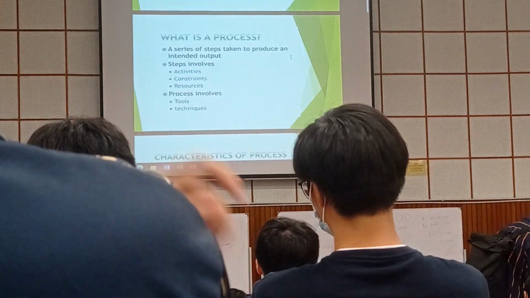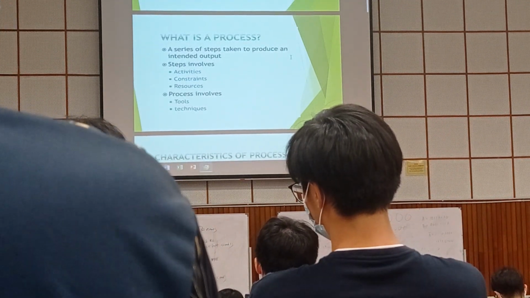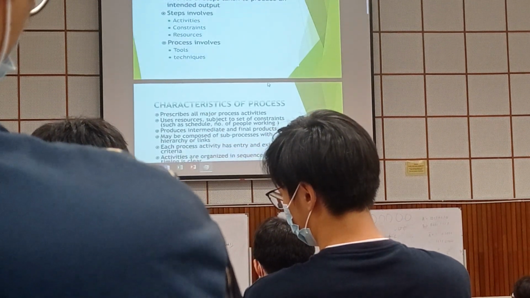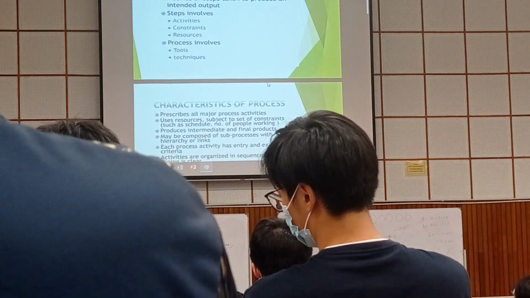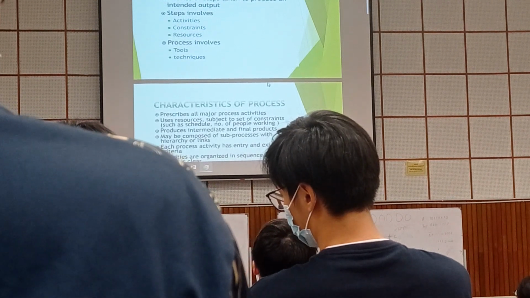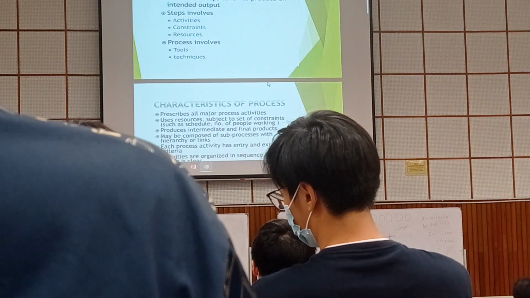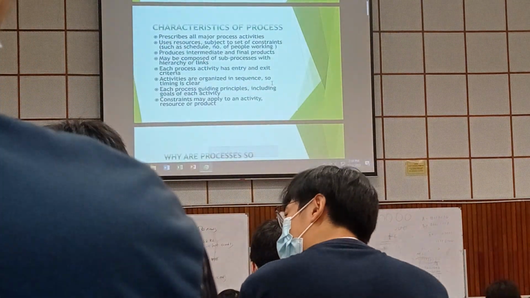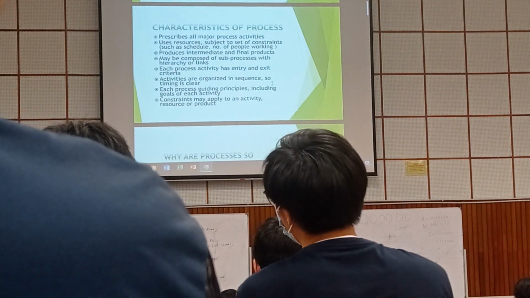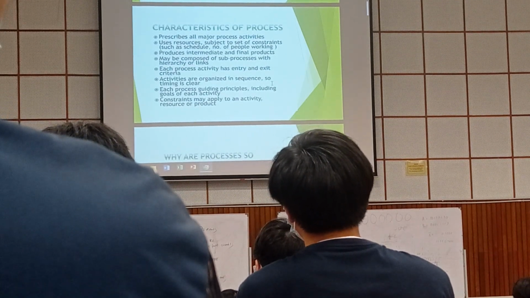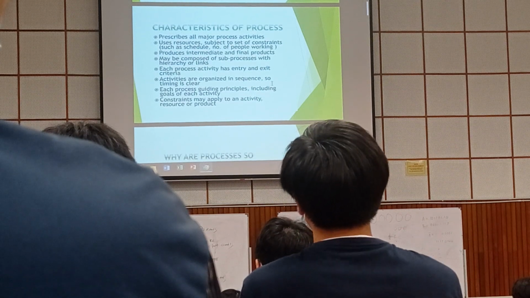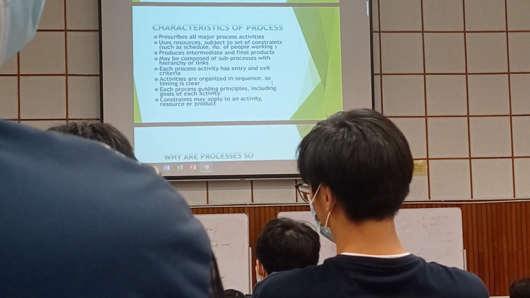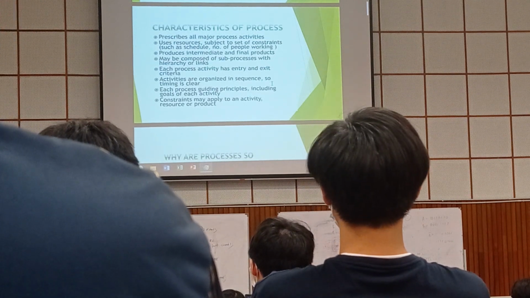When we talk about the process, another thing involved is the tools. What tools and what type of techniques do we want to apply? So that is another criterion. Basically these are the characteristics of a process. It prescribes all the major activities, and it will also involve the resources and the constraints, and it will be composed of other processes.